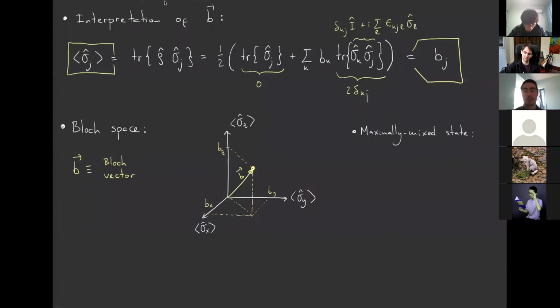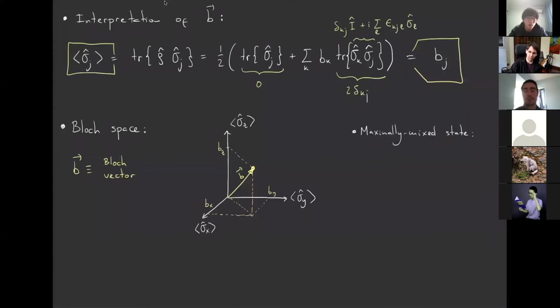Anyone can tell me? So think about it. I give you a hint, it's not B infinity. B equals 0. Exactly.